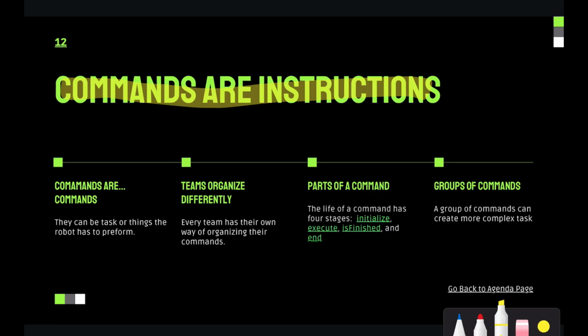If you're going to look at other teams, for example, you're going to notice that teams organize things a little differently. I know some teams have their commands in a separate folder. We at BrownBots put the commands that relate to a subsystem inside that subsystem class.